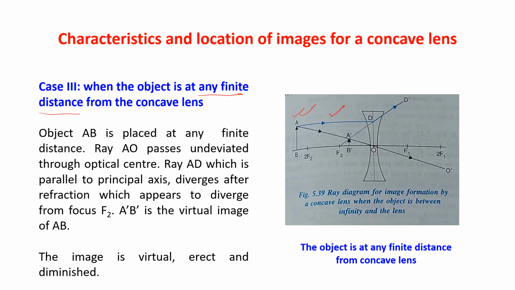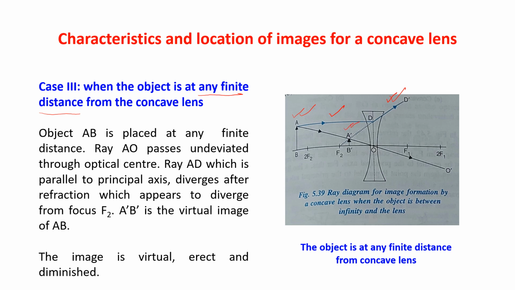Now from here we have considered two rays. One is AD, which after refraction passes through D dash. Another ray, AO, passes through the optical center, and it will pass undeviated. Now extend the line DD dash in the backward direction. This D dash, when extended backward, and the ray AO dash, these two lines meet at a point, that is A dash.